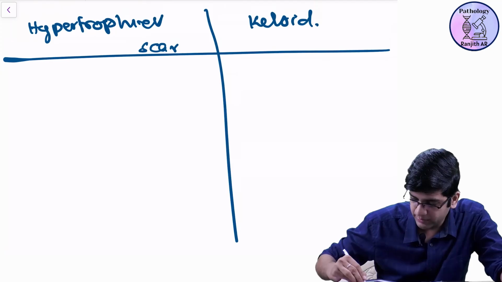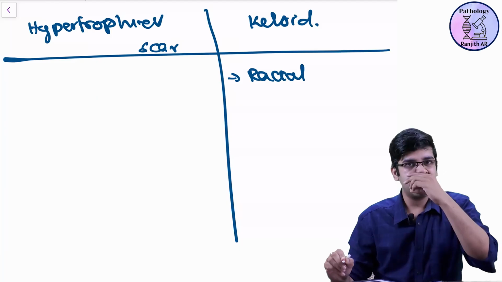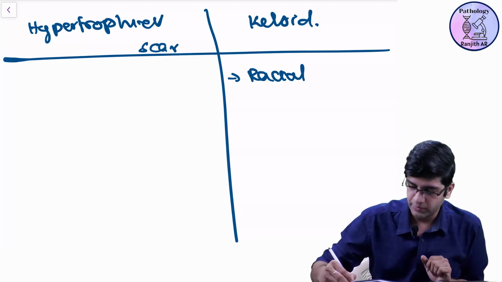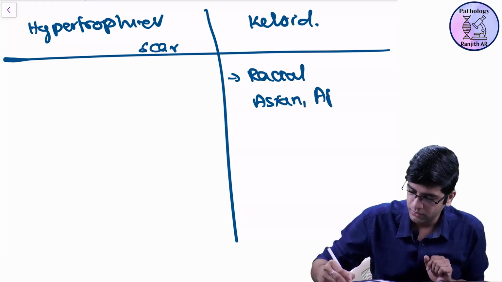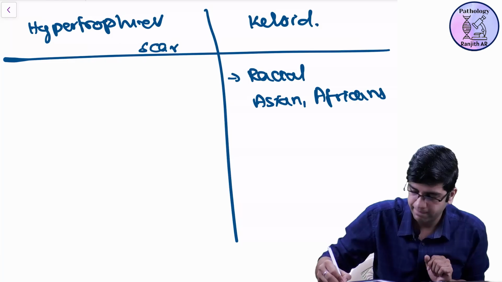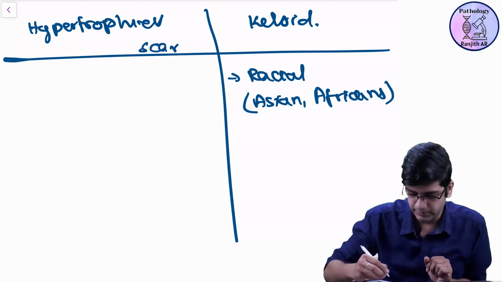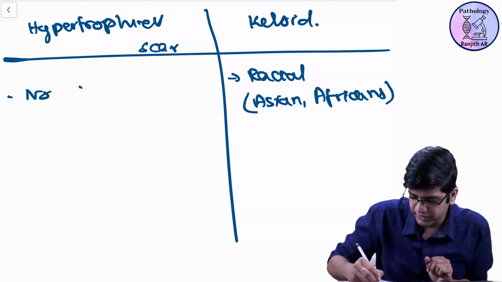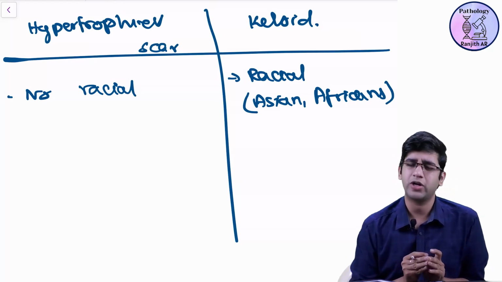Keloid has a racial predisposition. Asians and Africans have more chance of keloid formation compared to whites. Hypertrophic scar has no racial predisposition. All of them have equal chance of having a keloid or a hypertrophic scar.